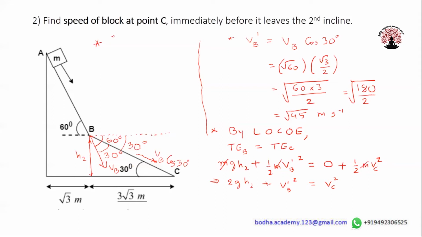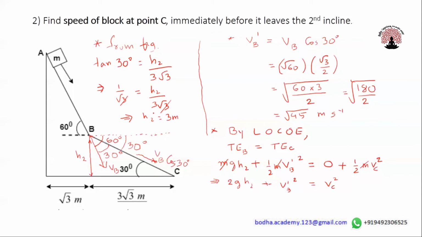From the figure, tan 30 degrees is equal to the opposite side h2 by the adjacent side 3 root 3. Tan 30 degrees is equal to 1 by root 3, so that equals h2 by 3 root 3. Root 3 cancels, so h2 is equal to 3 meter.